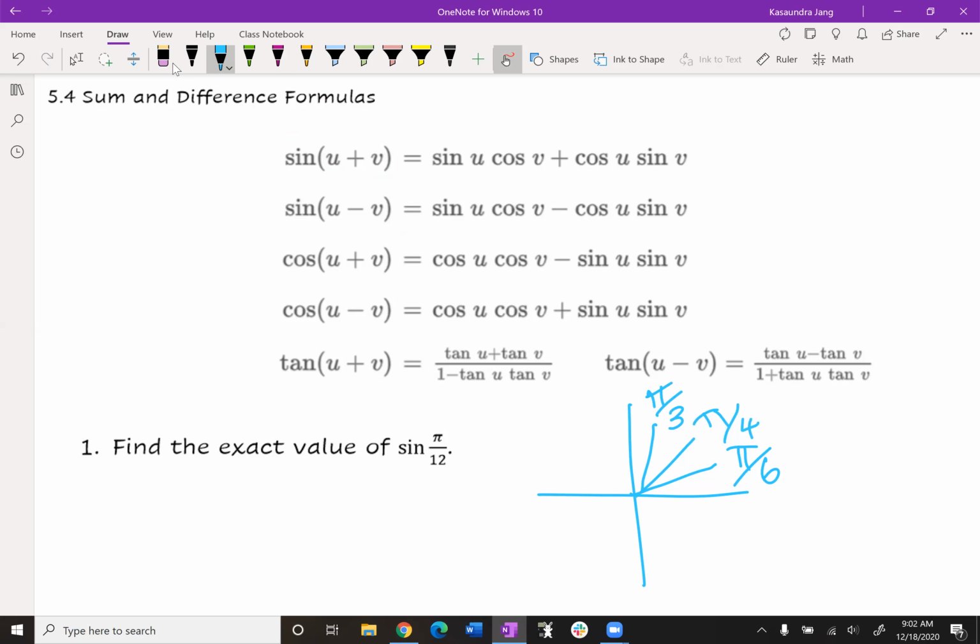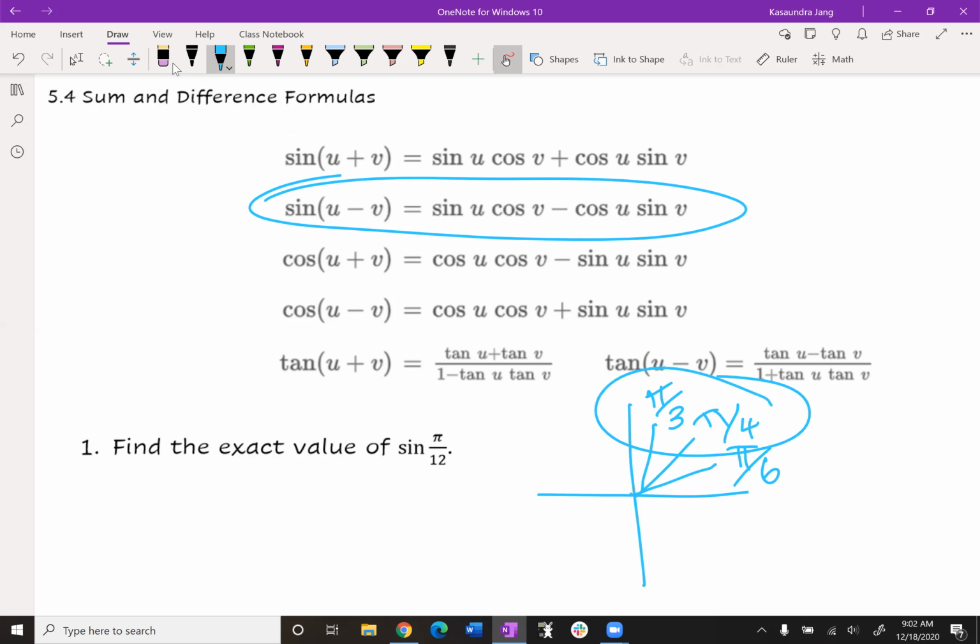So I know I'm using this formula here. And out of these, I'm thinking getting a common denominator between the thirds and fourths would give me a common denominator of 12. So let's give this a shot. I'm thinking it'll be subtraction, so probably pi 3rds minus pi 4ths.